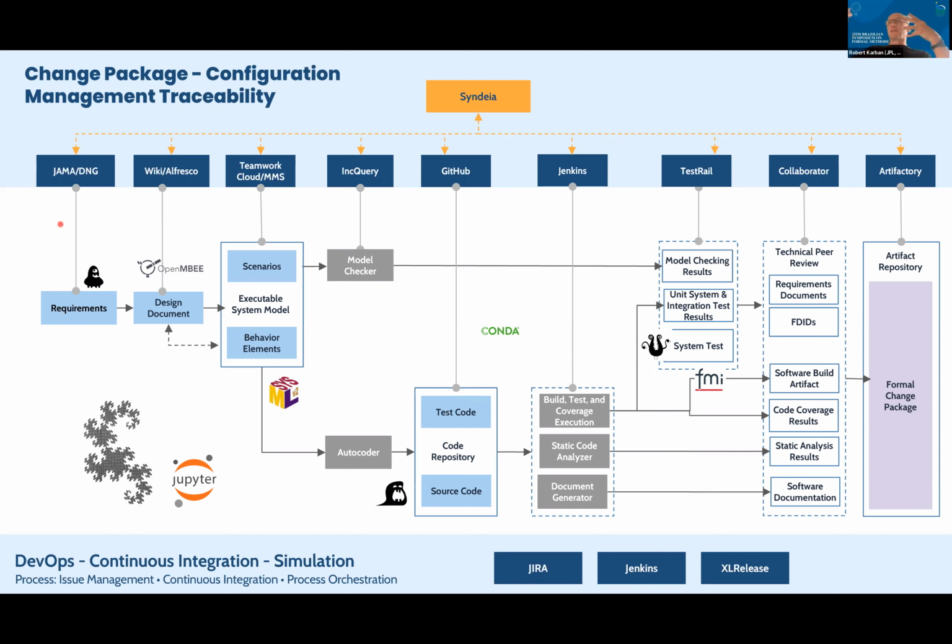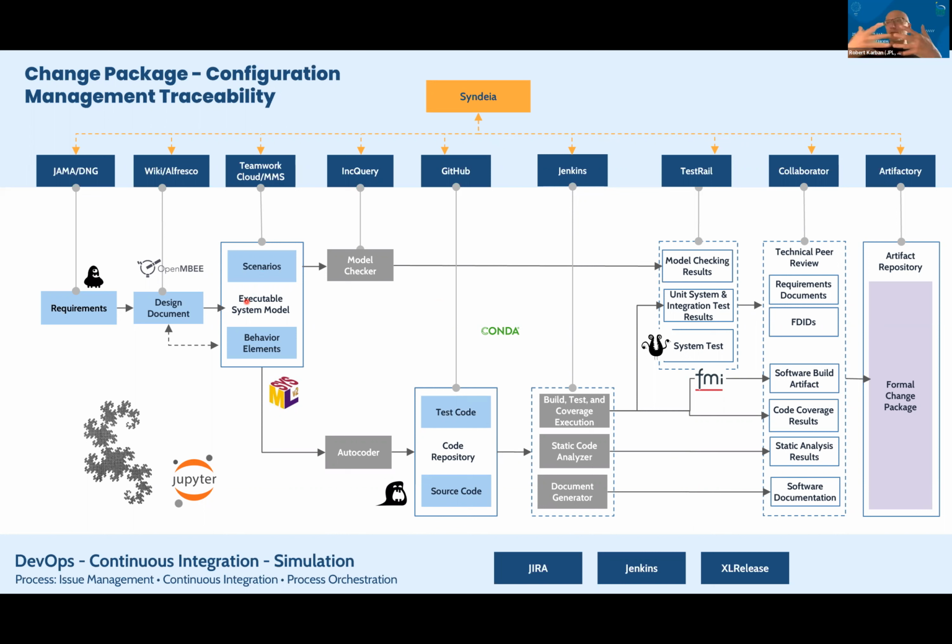But we want to have this traceability. Using something like TestRail would keep track of those model checking results, and we want to know that these model checking results correspond to that version of the model checker and that version of the model. As that model increases in fidelity, we want to be able to trace them. The executability is the same thing: we'll have an executable model that we can simulate, analyze, and produce test results or traces.